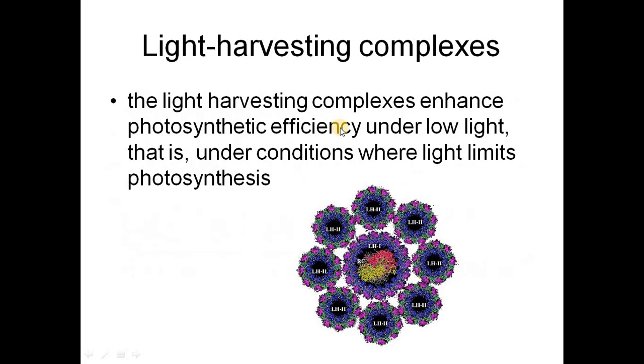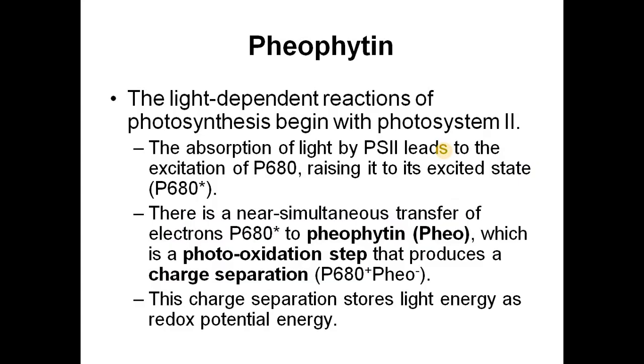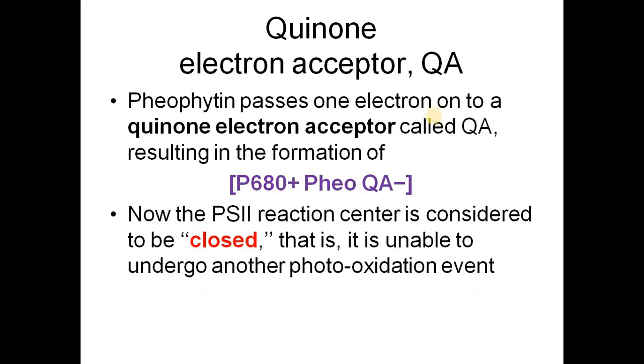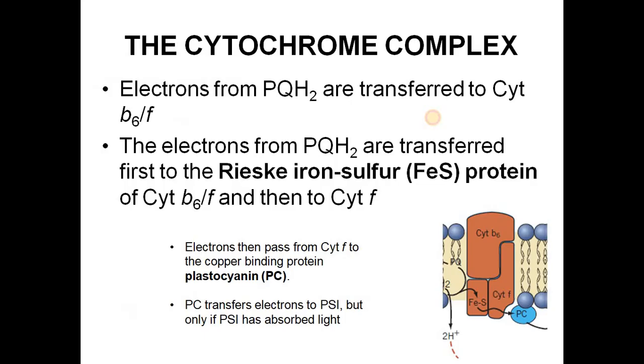mention are those light harvesting complexes, which I say are only functioning and efficient during low light conditions. So even when there is no direct sunlight, plants can still photosynthesize. And one of the reasons that they can do that is because of, oh yeah, there was the table right here.